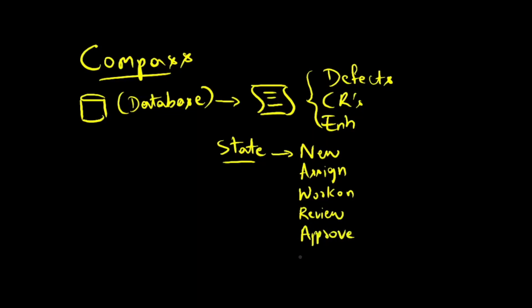These states can be customized as per the project requirement and can be designed as schemas within Compass. Finally the record will be moved to the close state. So this is a typical life cycle of records in Compass.